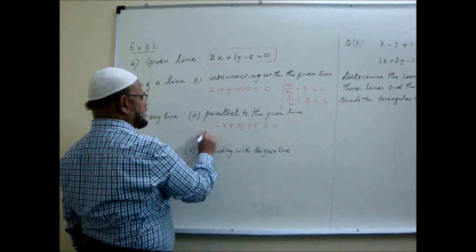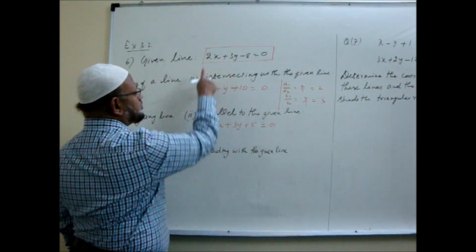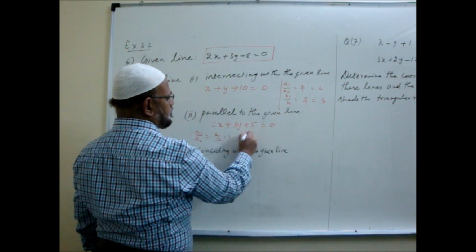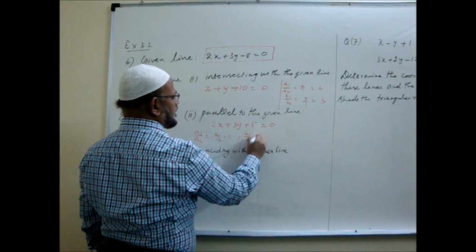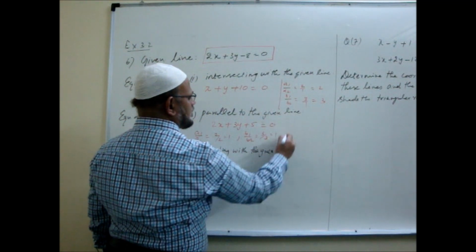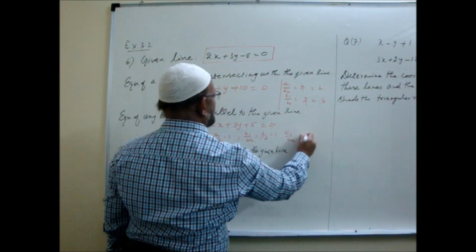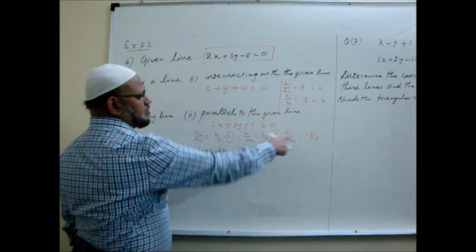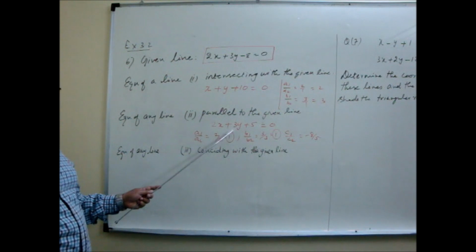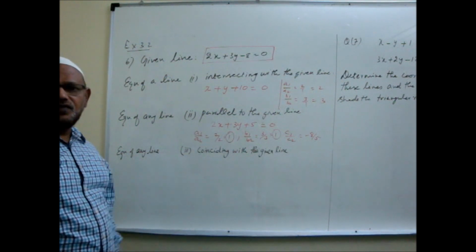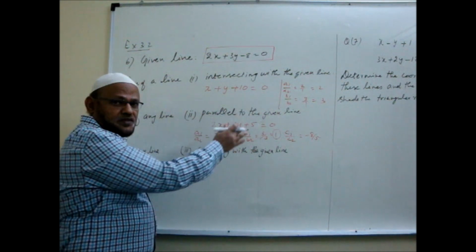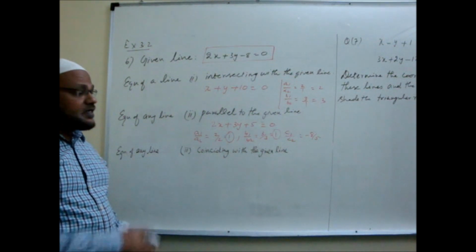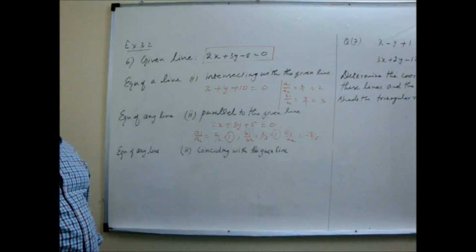So now you see that a1 by a2 becomes 2 by 2, that is 1. And b1 by b2 becomes 3 by 3, that is 1. c1 by c2 is a different number, minus 8 by 5. So the first two ratios came out equal and they are not equal to the third ratio. Under this circumstance, the lines will go parallel. You can write any equation. So you should get a1 by a2 equal to b1 by b2 and not equal to c1 by c2, like that.